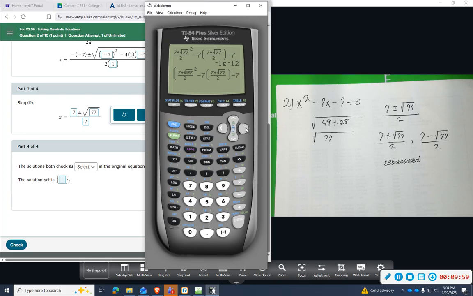Let me see. What I want to do is change the plus to a minus, to give me my other answer. It could be because I missed my parentheses. Okay, so let's check this out. Yeah, that one gives me 0.